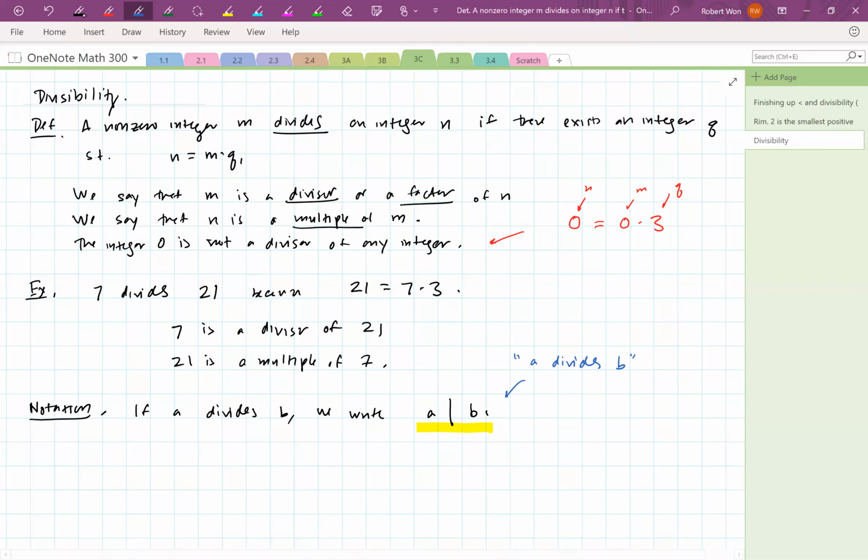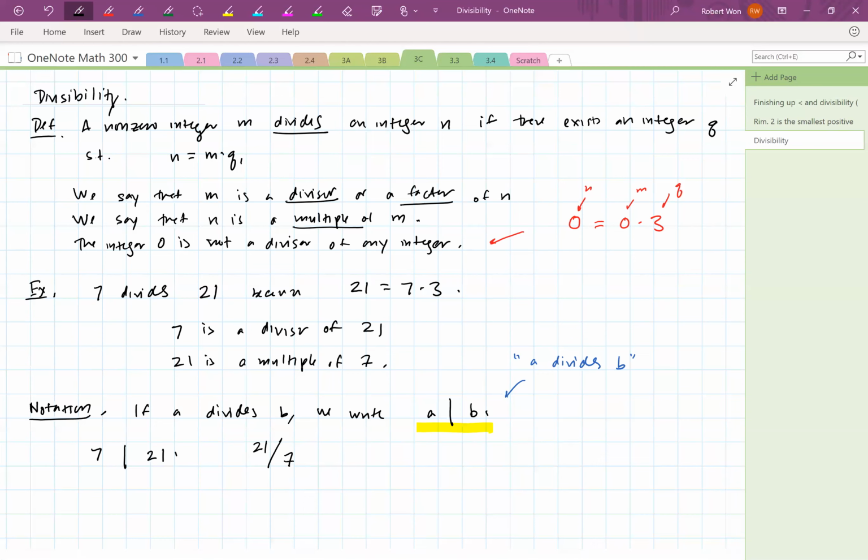To write a true fact, 7 divides 21, that's a full sentence. That sentence says 7 divides 21, and that sentence is true. If you're using a fraction bar, something like 21 over 7, this is not 21 divides 7. This is 21 divided by 7.